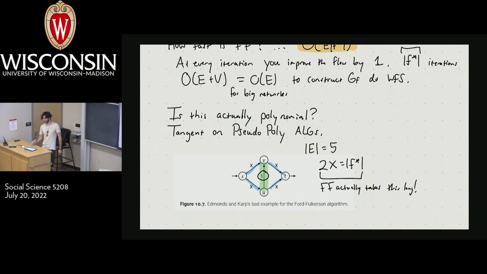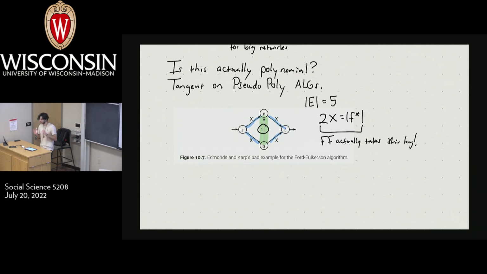Okay? Now let's think about x. So if we think about the input size in terms of bits, I'm going to call the input size m. These are the number of bits that we have to write down to describe the input.